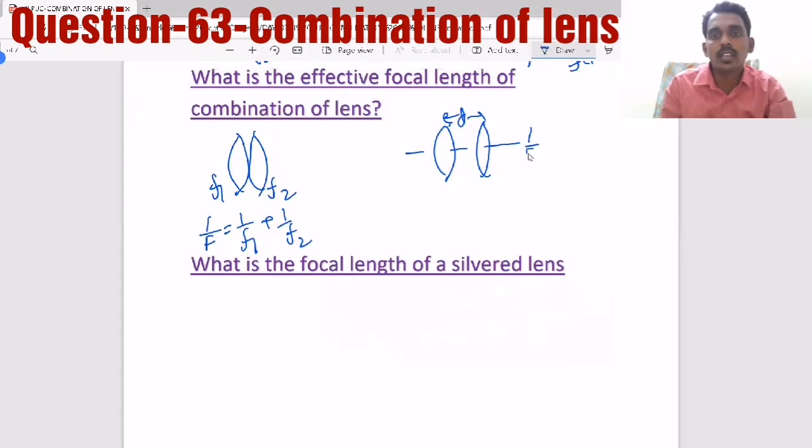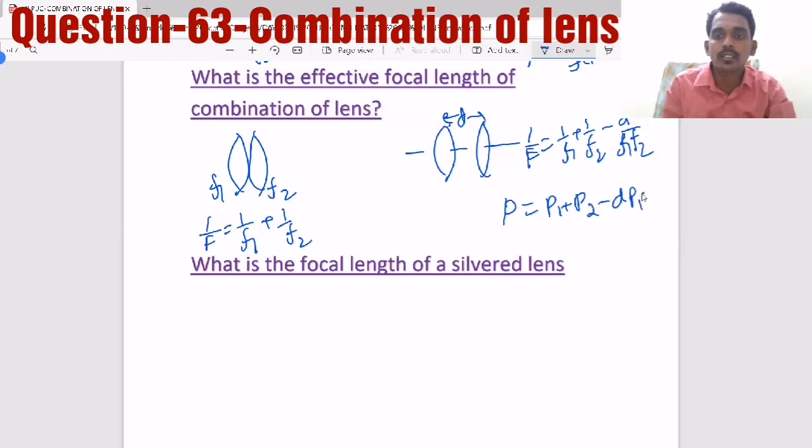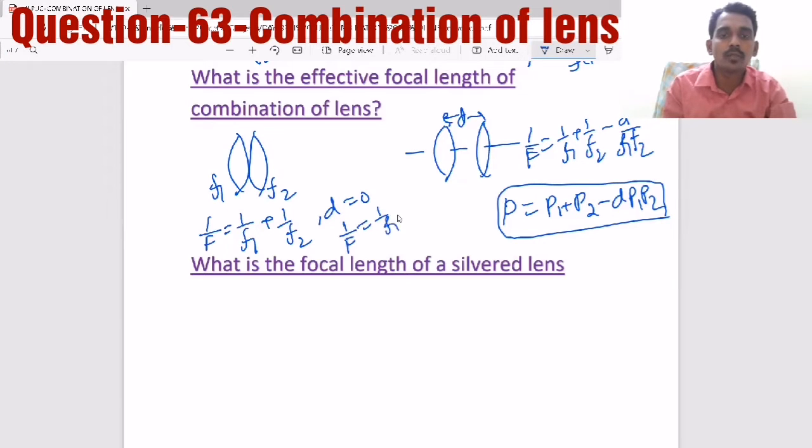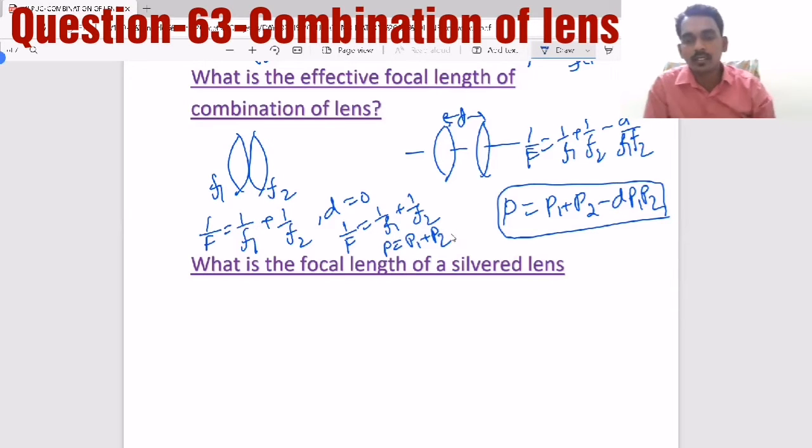Then 1 by f equal to 1 by f1 plus 1 by f2 minus d by f1 f2. That is, effective power equals p1 plus p2 minus d p1 p2. As they are kept in contact, the distance will become 0, so that 1 by f equal to 1 by f1 plus 1 by f2, or else p equal to p1 plus p2.